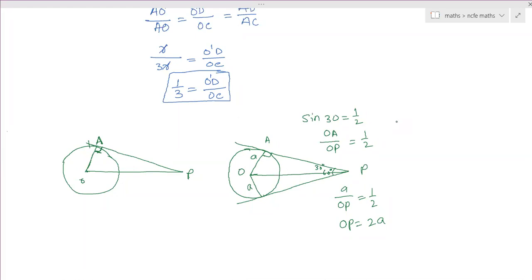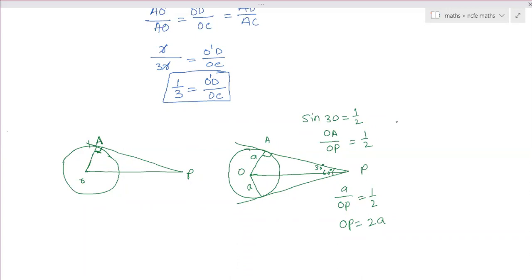Ma'am, I have doubt in MCQ. MCQ, which question? Sixth one. PQ is a tangent to a circle with center O at the point P. If triangle OPQ is an isosceles triangle, then angle QOP is equal to.